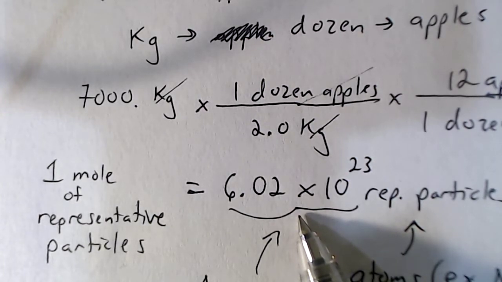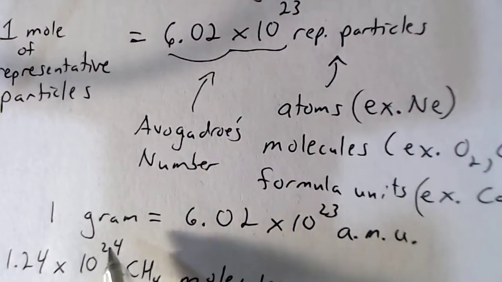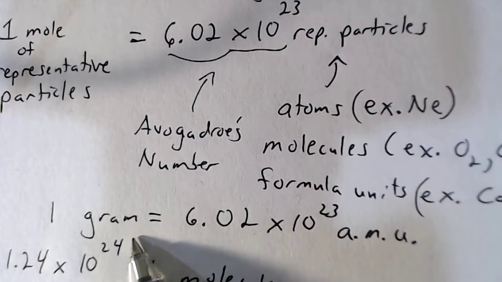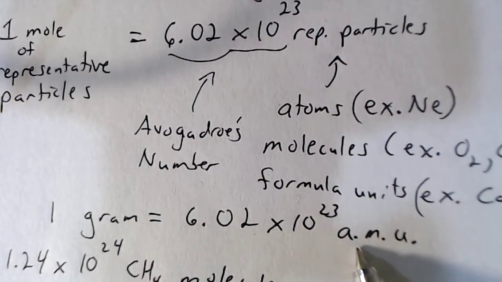That seems like a pretty weird number. Where did we come up with that? Well, it's derived from the fact that 1 gram has a mass of 6.02 times 10 to the 23 atomic mass units.